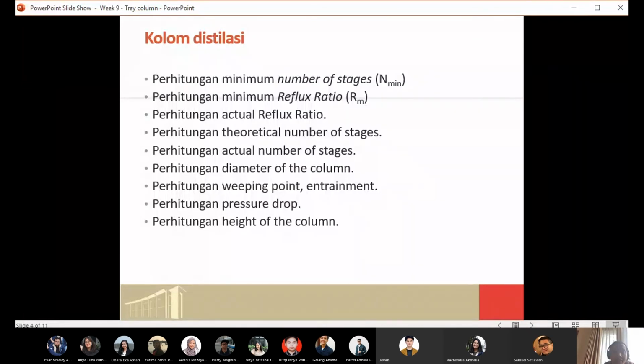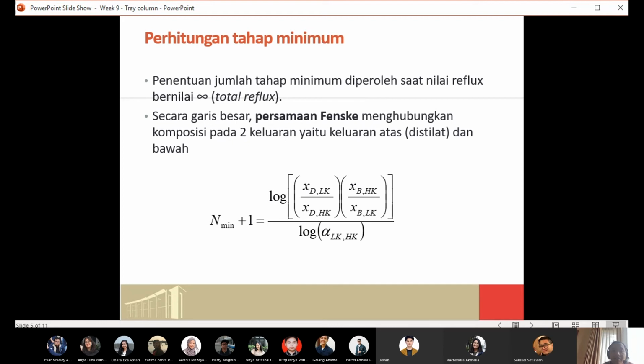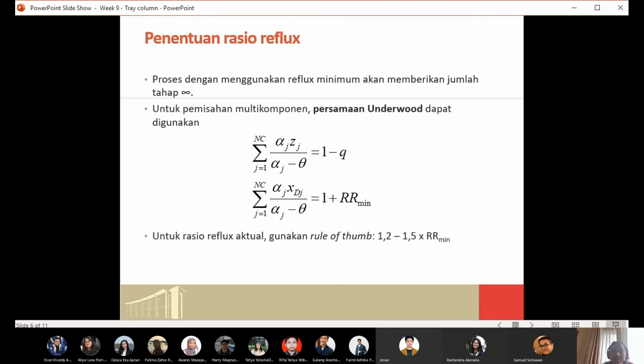Okay, this is the guidance, and I believe you already have this knowledge regarding how to define the minimum number of stages, the minimum reflux ratio, and then the actual reflux ratio, in the previous class. So I will not repeat this again. This is just the calculation of the minimum stage, using the Fenske equation.